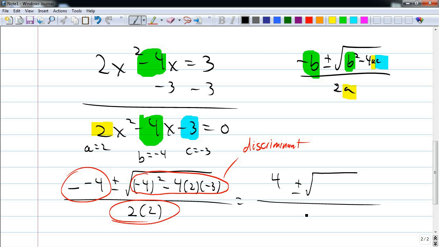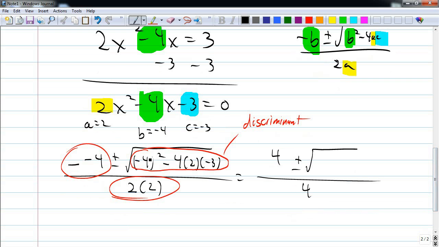Negative negative 4 is 4. 2 times 2 is 4. Now, you may be tempted to go, oh, I can cancel. You can't cancel yet because of the plus or minus. Maybe we can cancel later, maybe not. We'll see. Now, the discriminant is negative 4 squared, which is 16, minus 4 times 2 is 8, times negative 3 is negative 24. 16 minus negative 24.